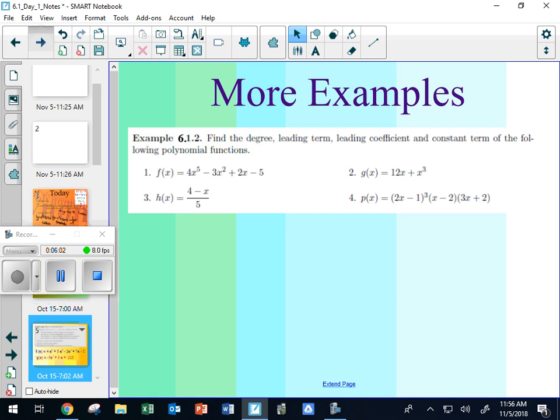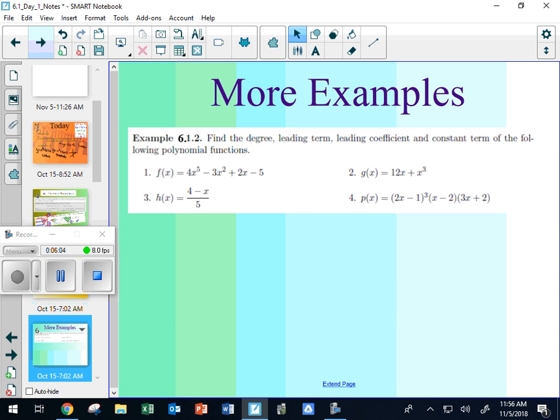All right. Today, I'm going to be going through a few vocabulary words that I think are going to be important for us for the rest of this unit. There are 4 that we're going to talk about right now, and then a few more later. The ones I want to look at right now are degree, leading term, leading coefficient, and constant term.